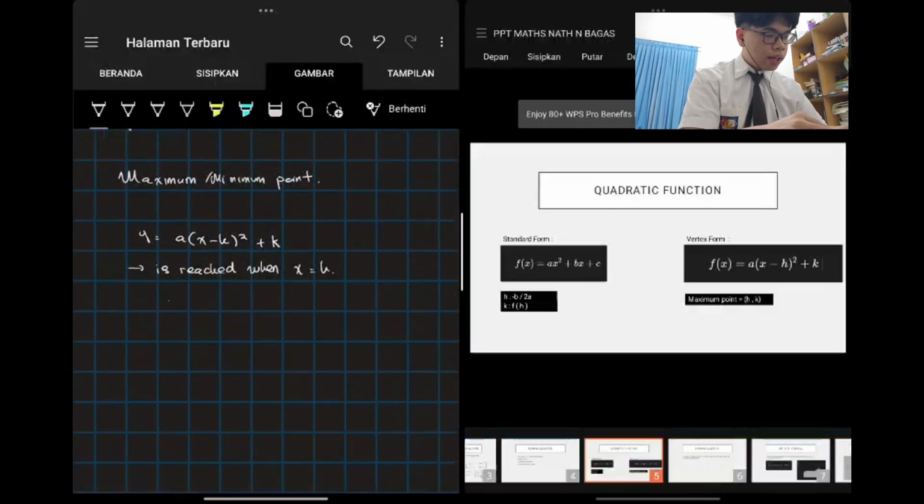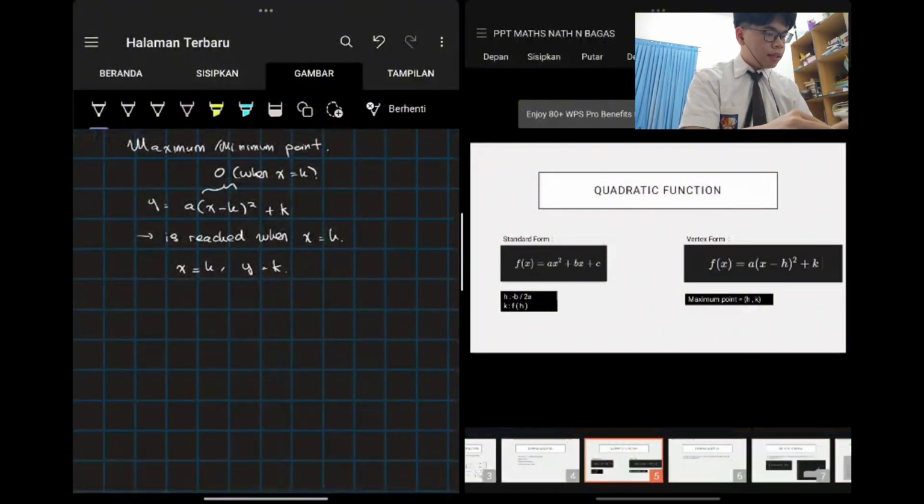So it is when x equals h, so that the term here in the bracket equals 0 when x equals h. So y equals k.